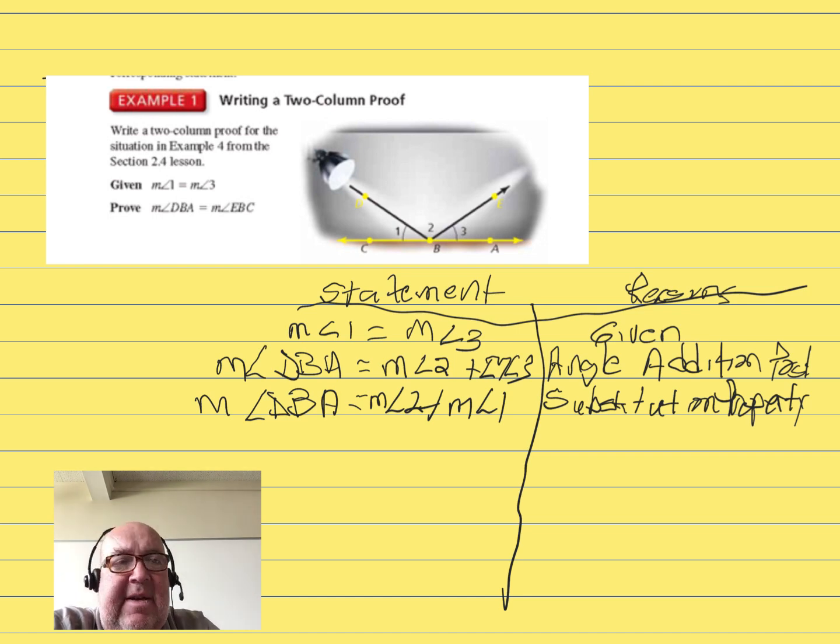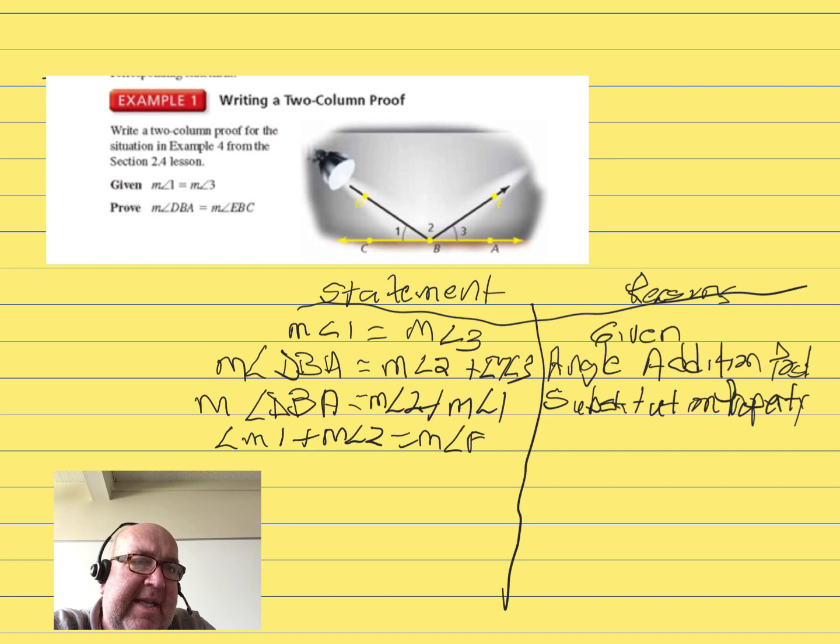Given that, we know that the measure of angle 1 plus the measure of angle 2 is going to make up EBC. So we have the measure of angle EBC. Again, that's the angle addition postulate.